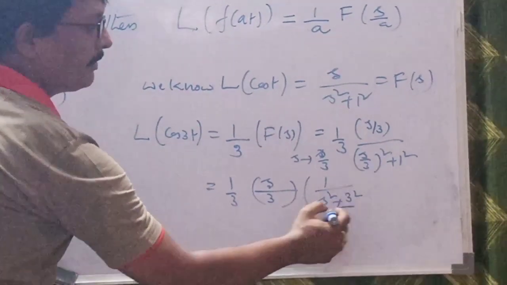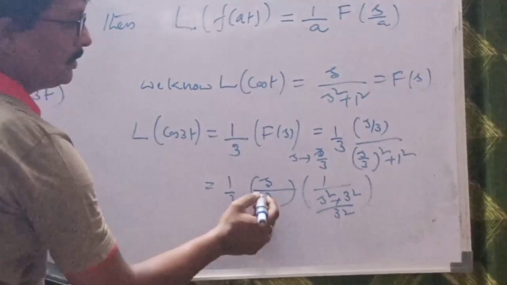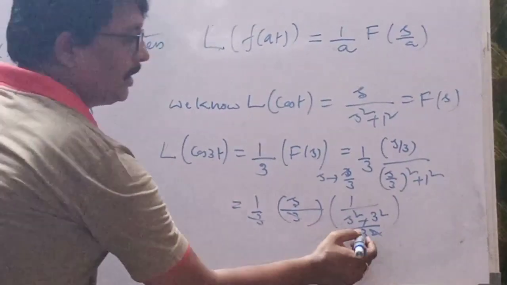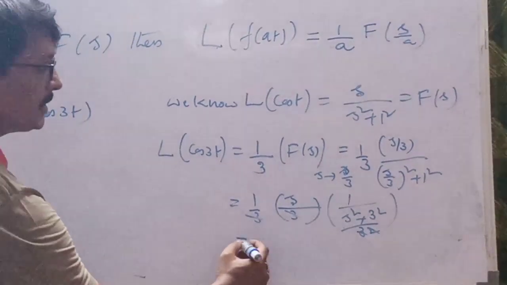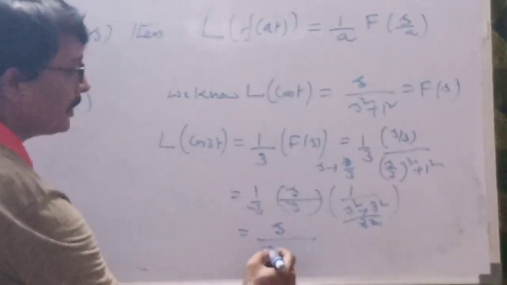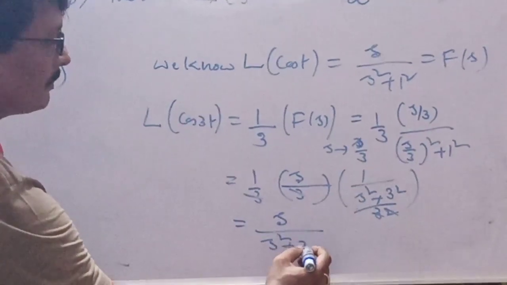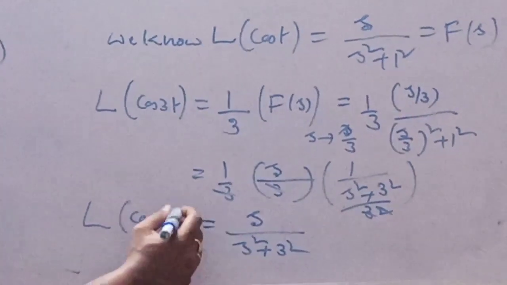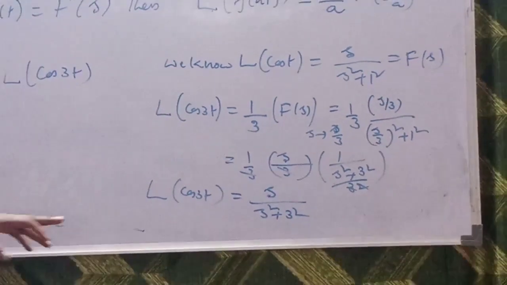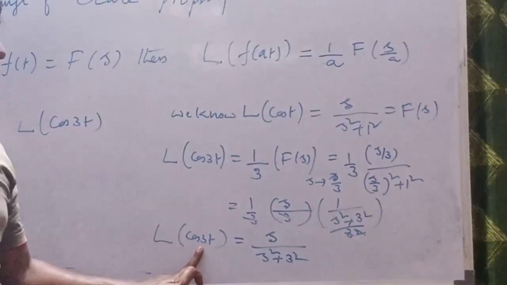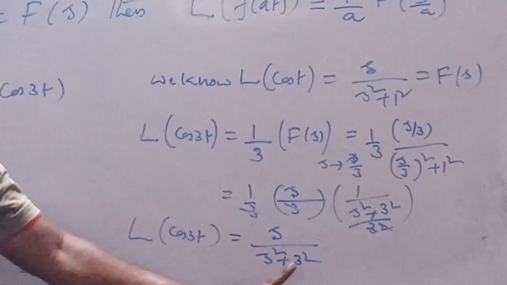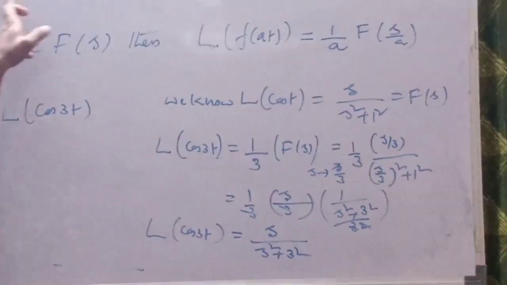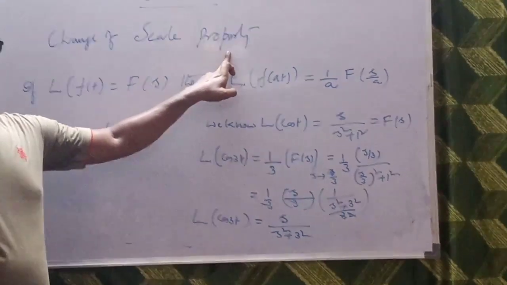The 3 gets cancelled, and the other 3 also gets cancelled. So it is equal to s by s square plus 3 square, the Laplace transformation of cos 3t. This is also derived using the change of scale property.